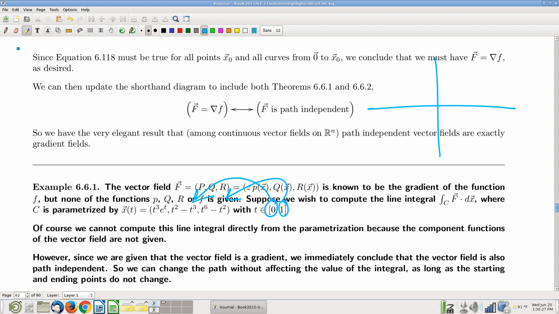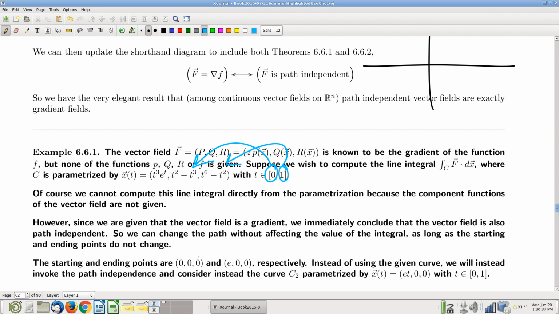And this curve therefore starts at the origin, and it ends at (e, 0, 0). So our curve starts there and ends there.